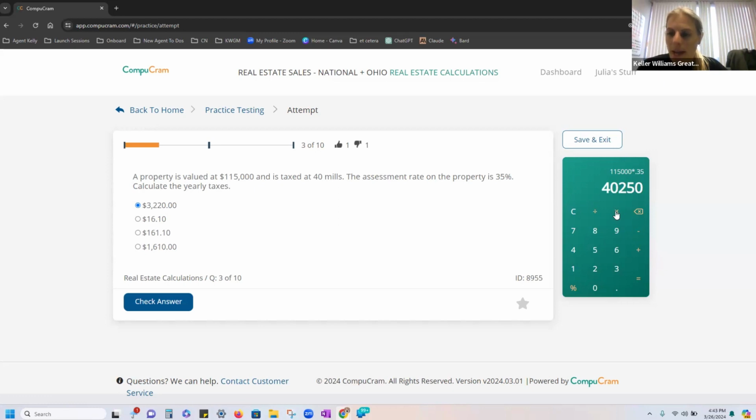Then you want to multiply that by your 40 mils. 40 divided by 1,000 equals 0.04. So you want to multiply 0.04 times 40,250. And you get 1,610.